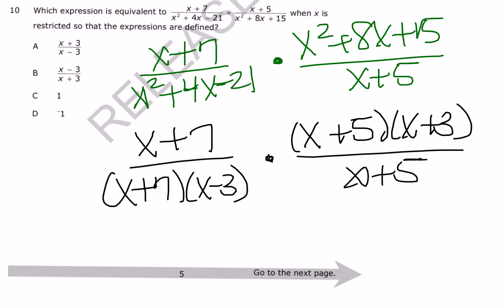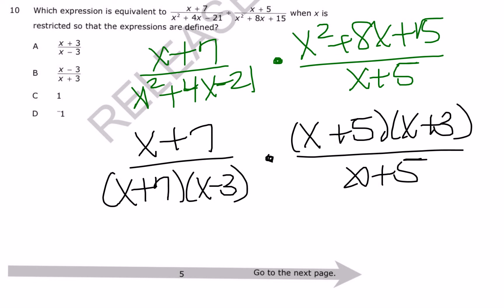So remember that when we're simplifying rational expressions, you want to simplify the like factors. Remember, factors is x plus or minus a number. And then simplify anything that's not a factor. So here I have, let's see, x plus 7 in the numerator, x plus 7 in the denominator, x plus 5 in the numerator, x plus 5 in the denominator.